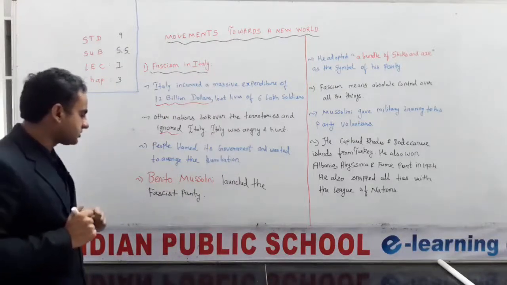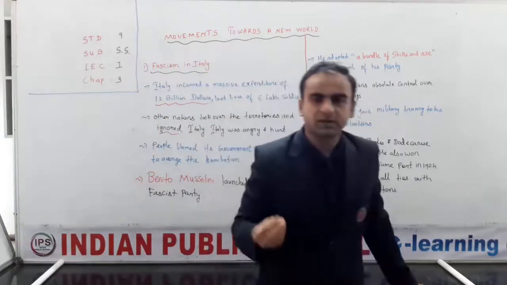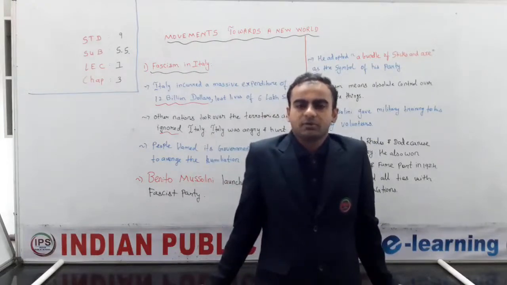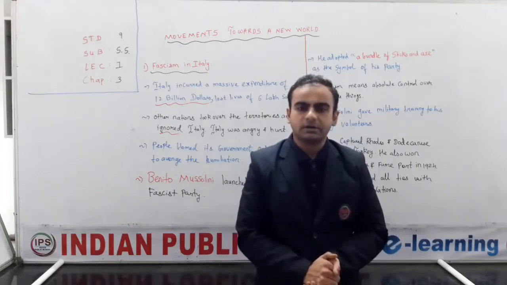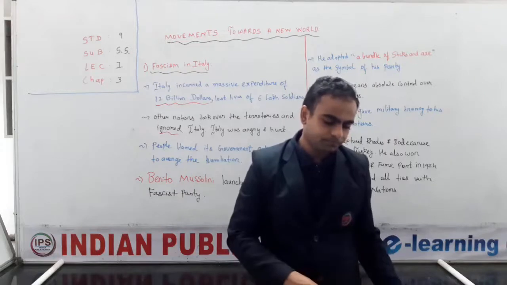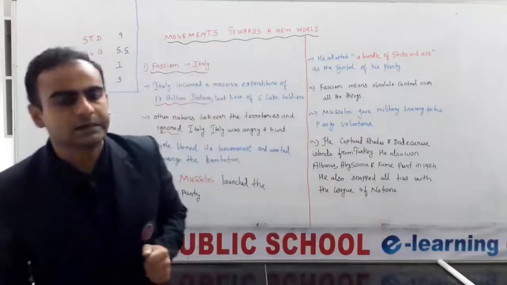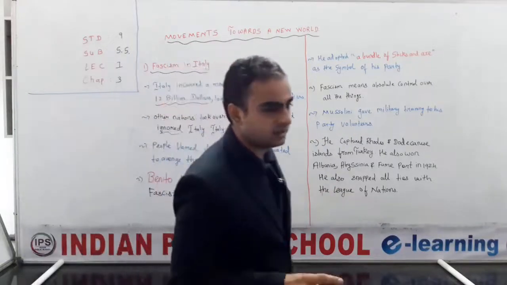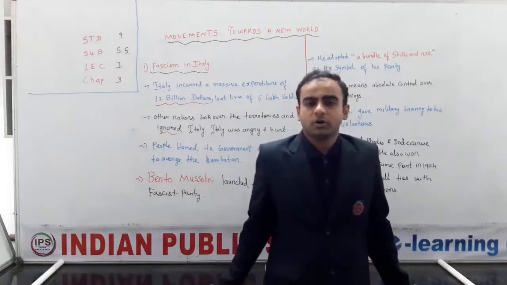Benito Mussolini launched the fascist party. This situation, this period gave rise to one such person. And obviously, when the government falls, others are waiting for the chance to take over that government. So Benito Mussolini was one such person who took the opportunity, and he became the public leader. He became the national leader by giving speeches and convincing the people of Italy that we should fight against other nations because we have not received what we were meant to receive.